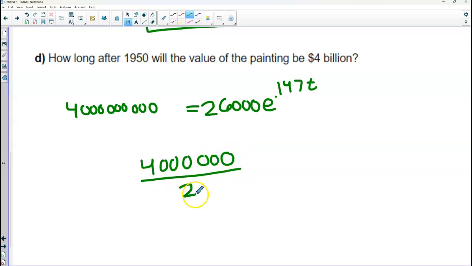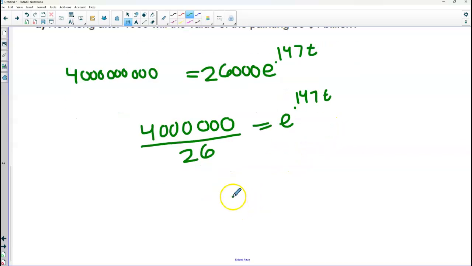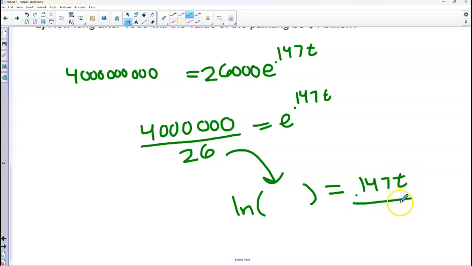I can cancel out 3 zeros. I know that because there's 3 zeros in both of them. So we'll just leave it as 4 million over 26 equals e to the 0.147t. We'll write it as a logarithm. So we got the natural log of that ratio there equals our exponent. And to solve for t, we're just dividing by 0.147.